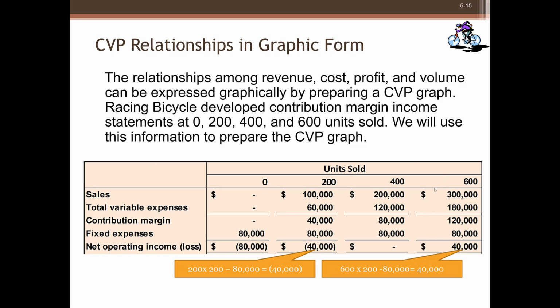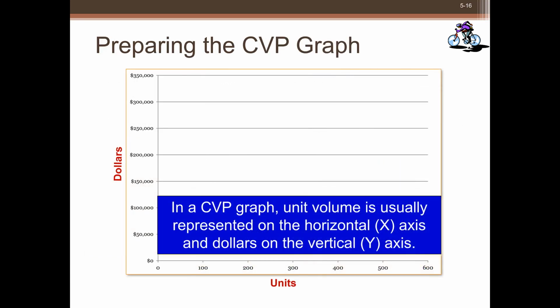Based on the contribution margin income statements at different unit levels sold, we can develop a CVP graph. In a CVP graph, unit volume is represented on the x-axis, the horizontal axis, and dollars on the y-axis, the vertical axis.